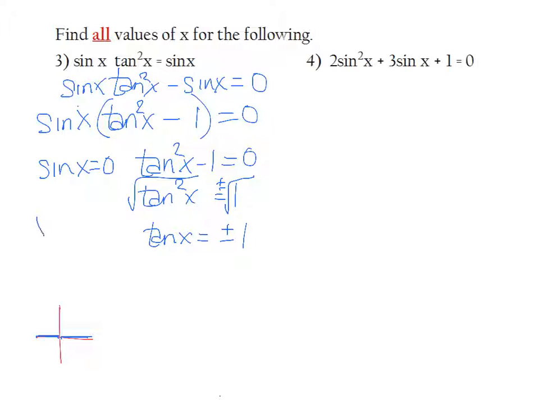My final answer then, I would say x is equal to 0, that's the first one, plus every pi, and to show that it's going to repeat, I take it times n. N just represents an integer, so n could be 1, so it'd be 1 pi. N could be 2, that'd be at 2 pi. N could be 3. We just assume the n can be any integer.